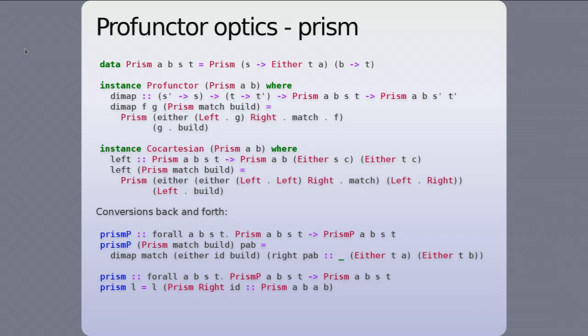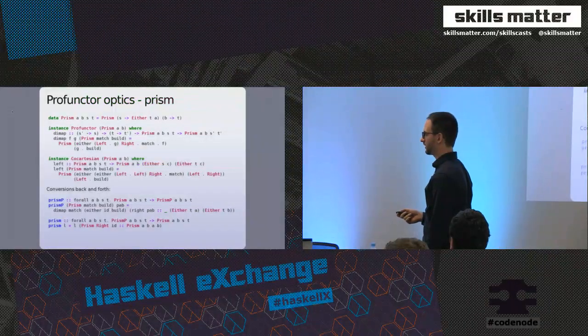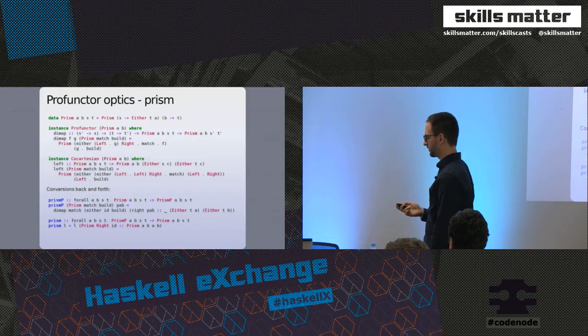We need to call this right function to extend it in order to apply the match function. And again, here we construct a trivial prism and let the transformation do its thing.